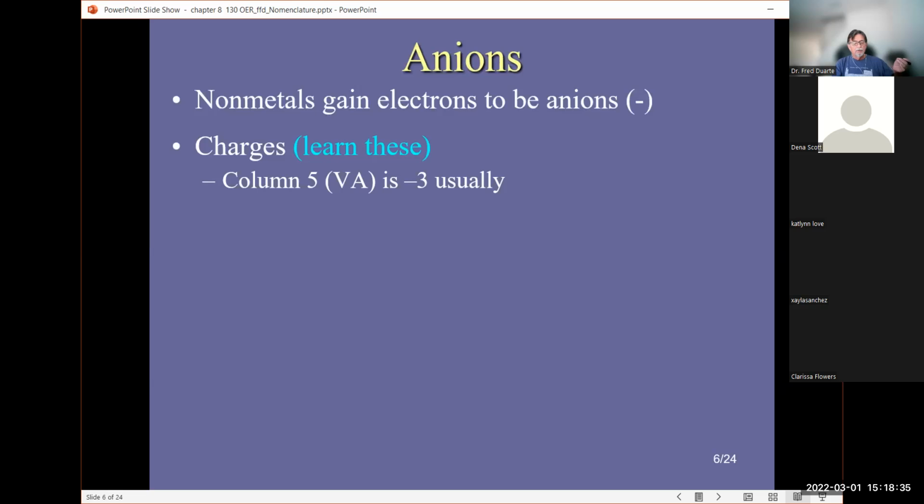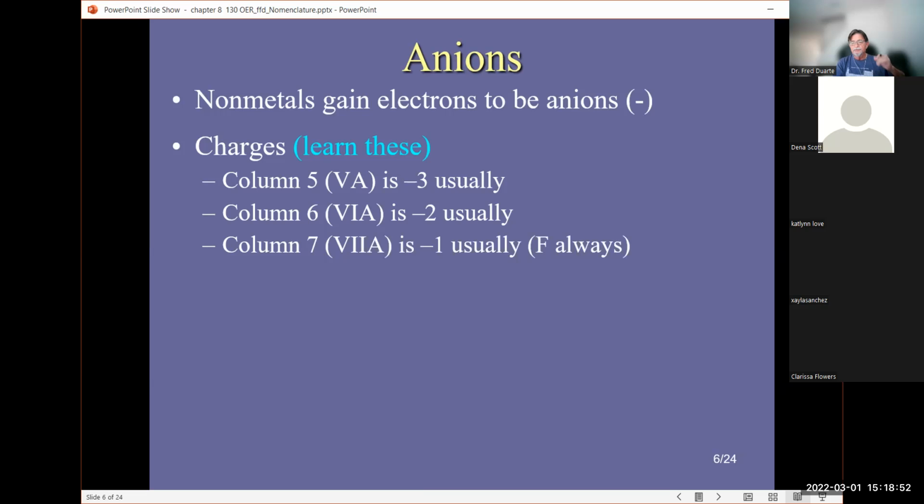Okay. Also, for the nonmetals, we change their name. So nitrogen becomes nitride. Okay. Group 6, like oxygen, when they pick up 2 electrons, they become oxide, name-wise. Okay. Group 7, fluorine, chlorine, iodine, we get rid of the -ine at the end and add -ide, and all of them have a -1 charge.